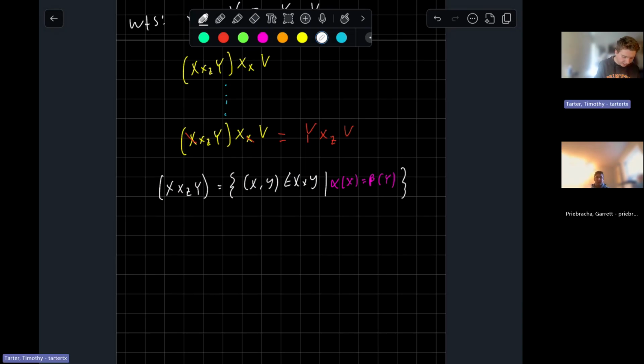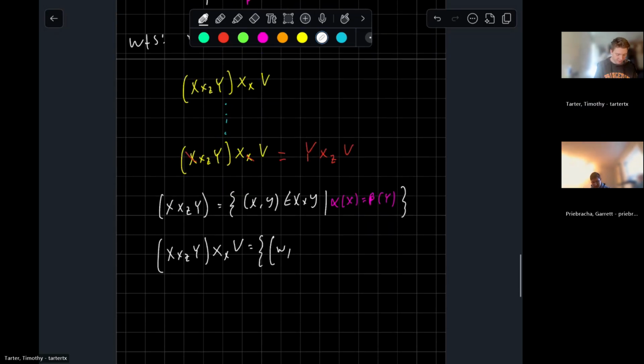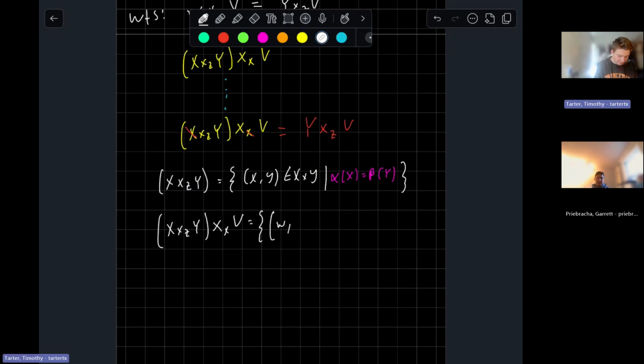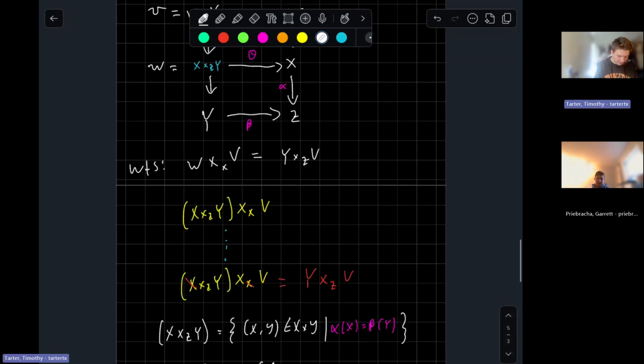But then what we have is that the pullback of X through Z with Y through X with V is the set of all pairs of W, wait, is it really?